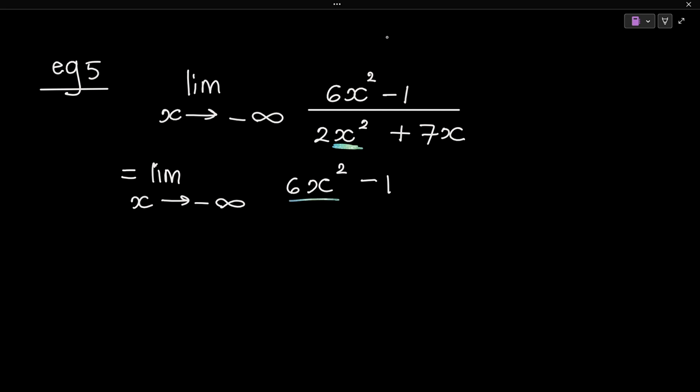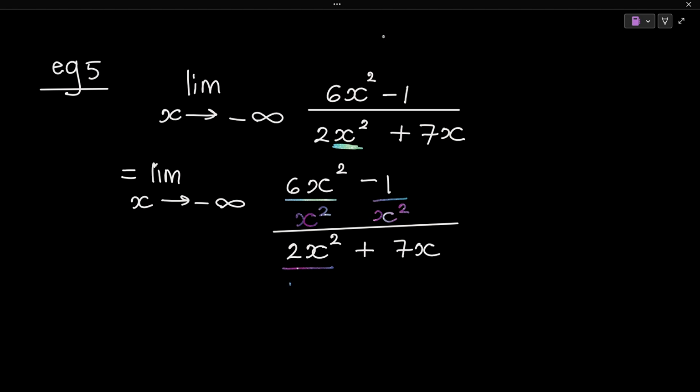So both terms in the numerator will be divided by x squared. And both terms in the denominator will be divided by x squared. Now we need to simplify.